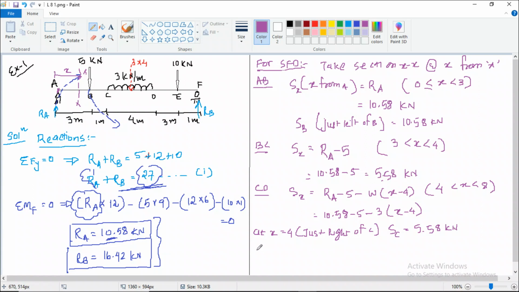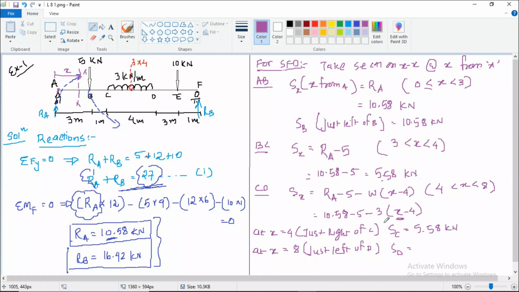And at x equal to 8, that is called just left of D, so that will be SD, and we put x equal to 8 here, so you will get 10.58 minus 5 minus 12.